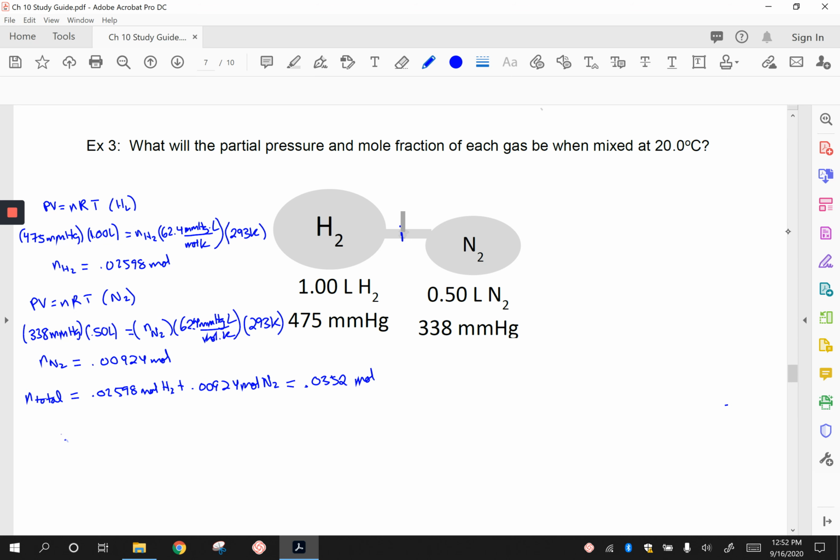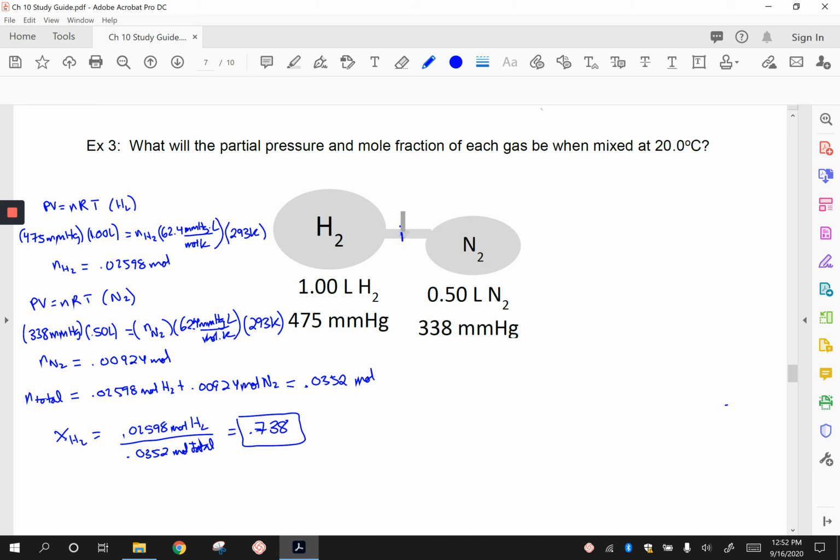My mole fraction of the hydrogen is going to be the moles of hydrogen, so 0.02598 moles of H2 over the total, which we got to be 0.0352 moles total. I got 0.738. So that's one of my answers.